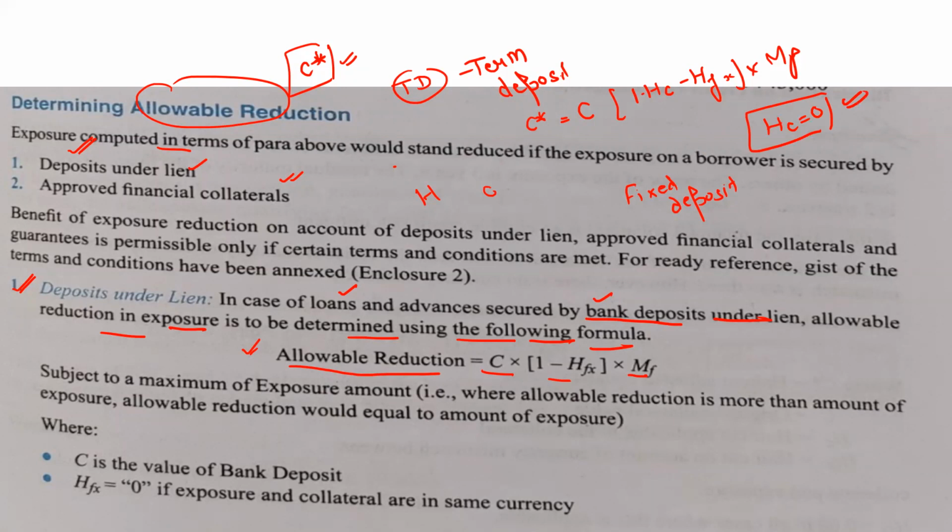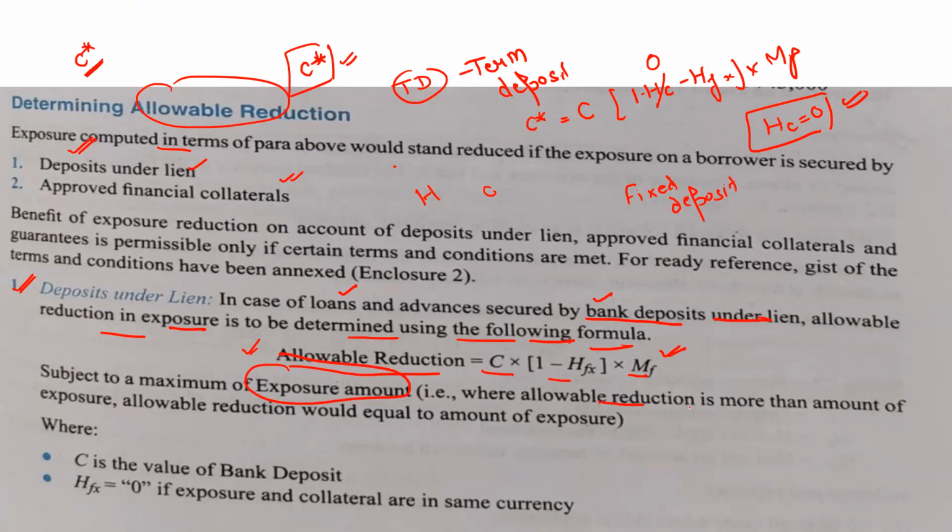For lien, HC is equal to 0; they have just put the value 0 here. So the allowable reduction is C into (1 minus HF) into MF, subject to a maximum of the exposure amount. That is, C star is equal to the maximum of the exposure amount, clear?